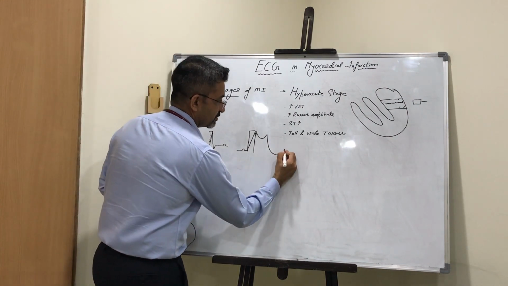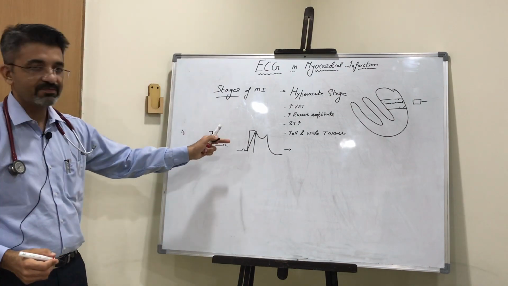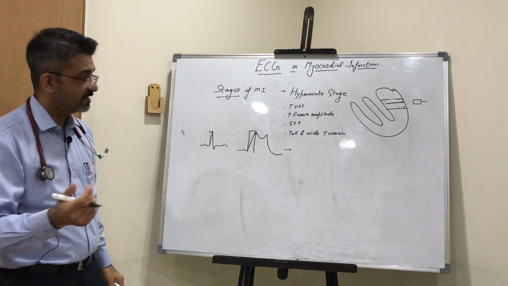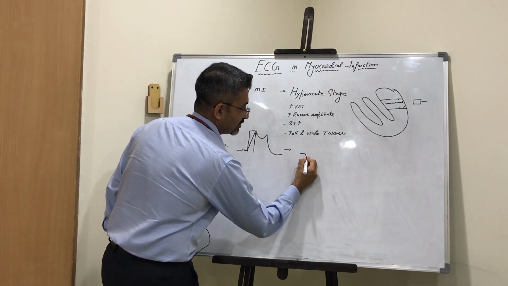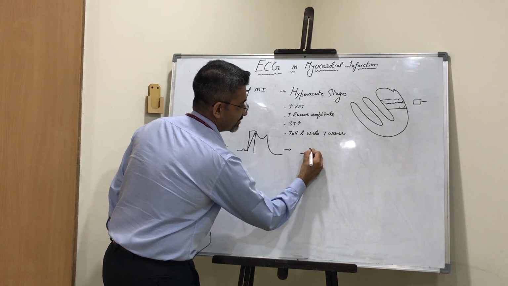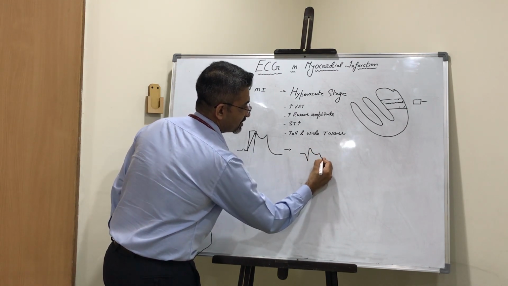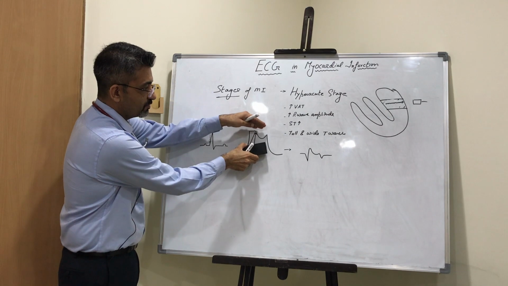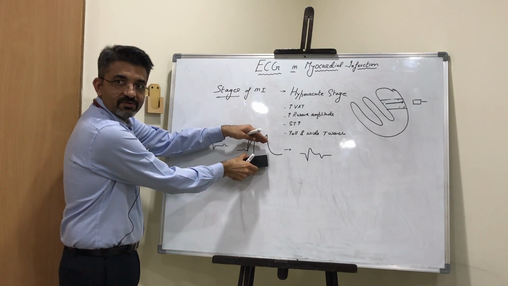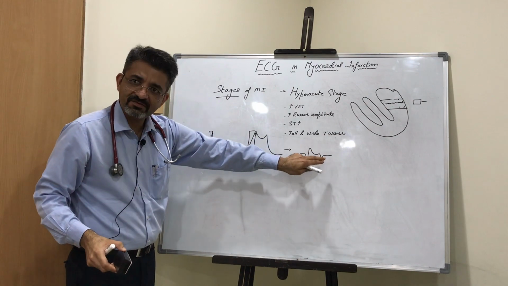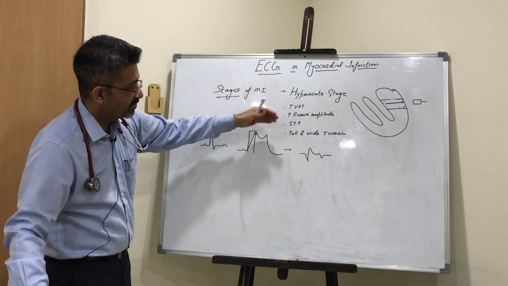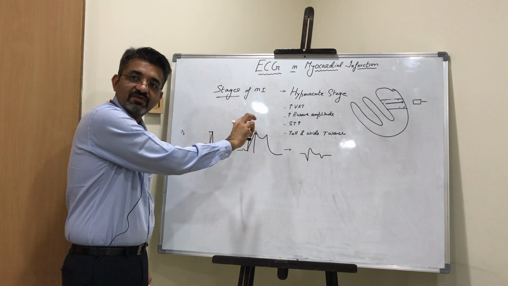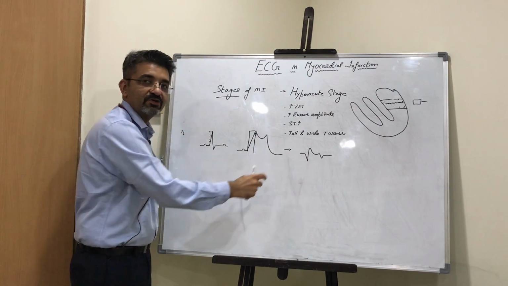This will progress further. After the hyperacute phase is over, we will come to the chronic evolving phase, a fully evolved phase. In that you have development of Q waves. Your ST is slightly elevated. You have T wave inversion also. So what is happening is, this is settling down. Your T wave can be slightly positive or maybe negative also, but in a fully evolved phase, your ventricular activation time and tallness of R wave decrease, and there is development of Q wave.